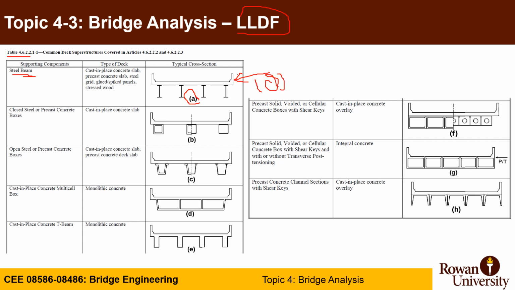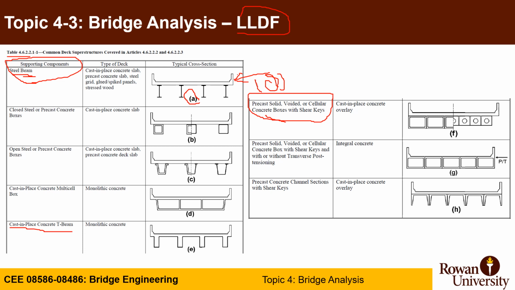And if you have, for example, a cast-in-place concrete T-beam, which means that the bridge deck and the beam are cast monolithically. And if you also have a precast concrete channel with shear keys, that will give you the cross section that you are interested in. In this class, I think we covered cast-in-place box girder, and we cover steel beam, and we will cover precast concrete girder.